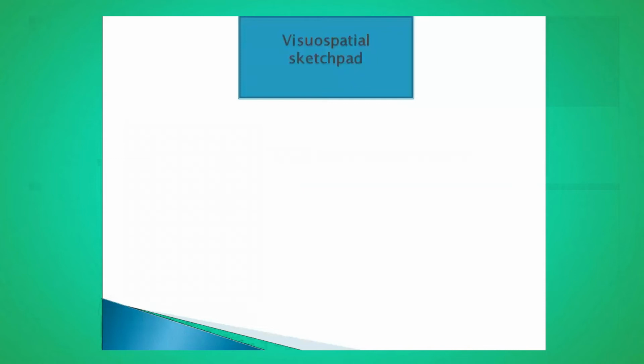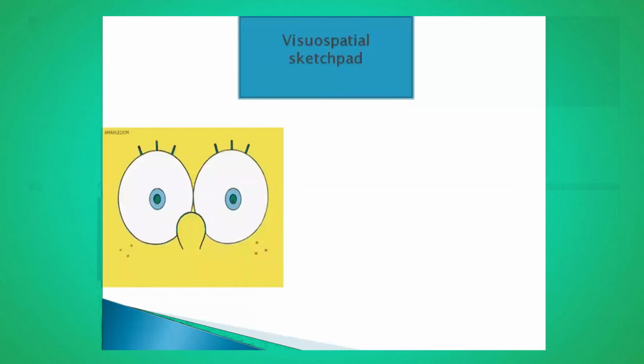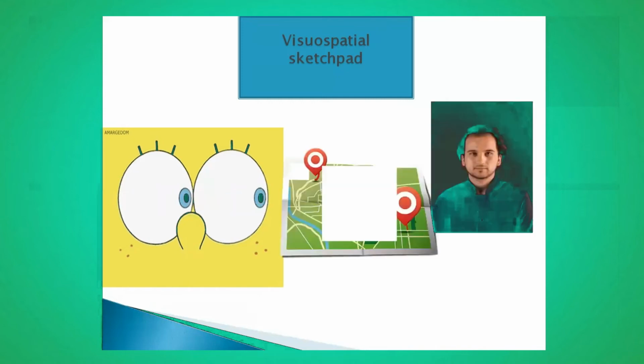And then let us have the visual spatial sketchpad. Just like the phonological loop, the visual spatial sketchpad is where we process information that relates to visuals.